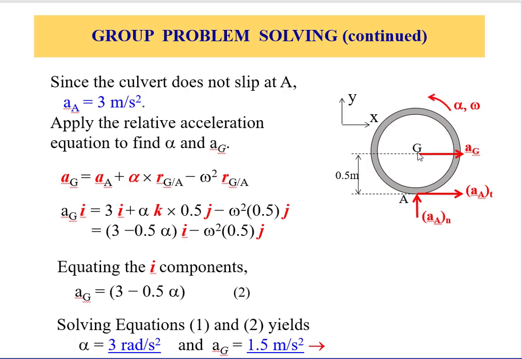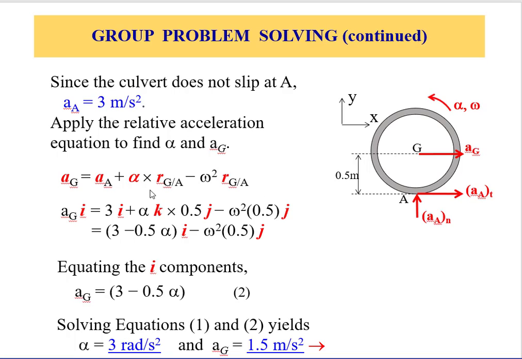So AG, the acceleration of G, is equal to, as a vector, the absolute acceleration of A, plus alpha cross RG relative to A, minus omega squared RG relative to A. This is the relative acceleration, if you remember.